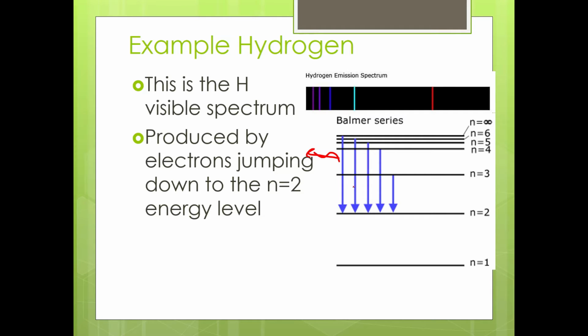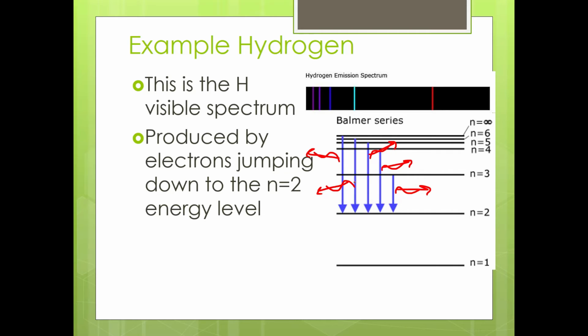This one here will emit its own light, which will be slightly less energetic than this one. This one will emit light, which is less energetic than this one. This one will emit some light, again, less energetic than the previous one. And then this one will emit the least amount of energy because it's not dropping very far.